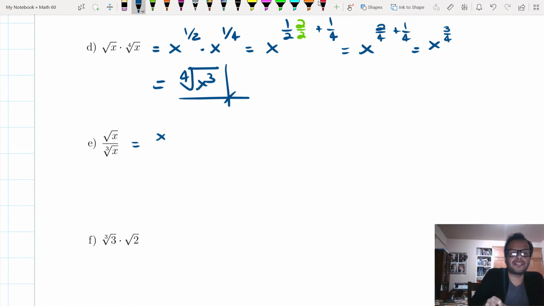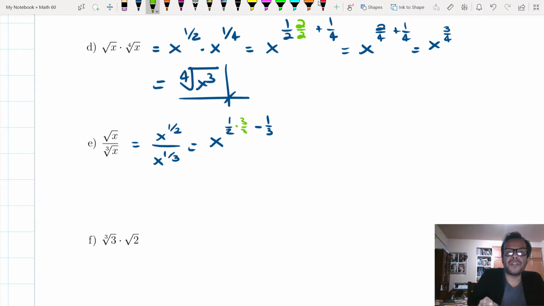So let's start by writing x to the 1/2 divided by x to the 1/3. Okay, so what are we going to do? x to the 1/2 minus 1/3. Notice again the gap. So in this case, we need an LCD. The least common denominator is the number 6, right?